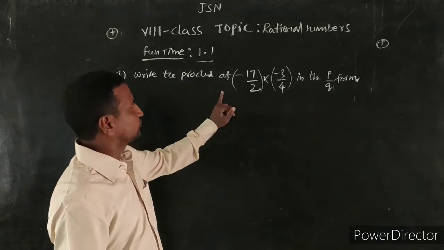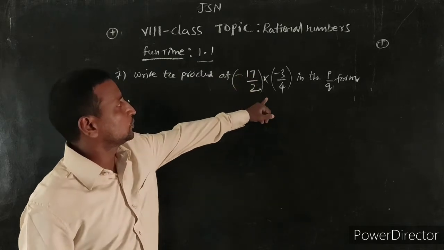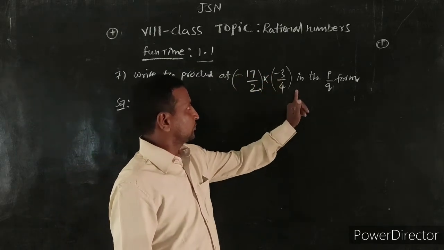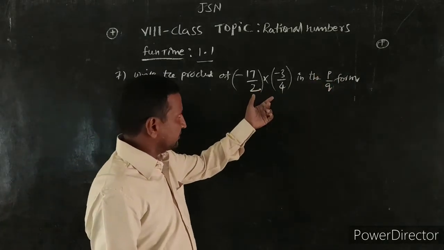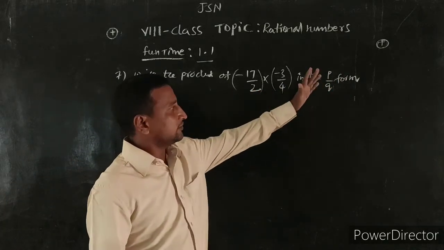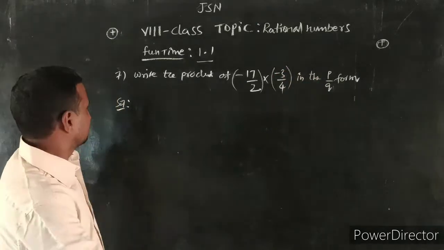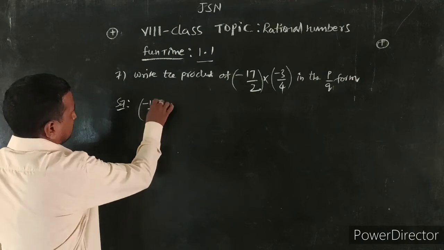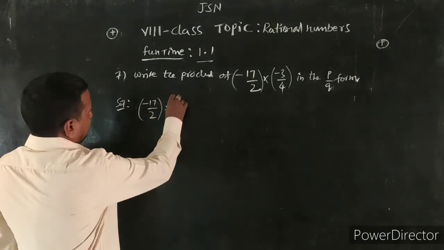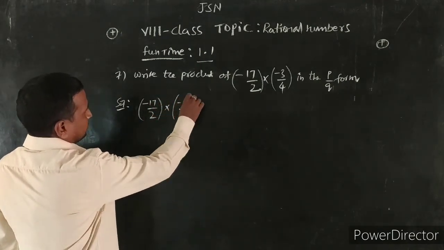Okay, write the product of minus 17 by 2 into minus 3 by 4 in the P by Q form. Means the number can be written in P by Q form, rational number. Solution: minus 17 by 2 into minus 3 by 4.